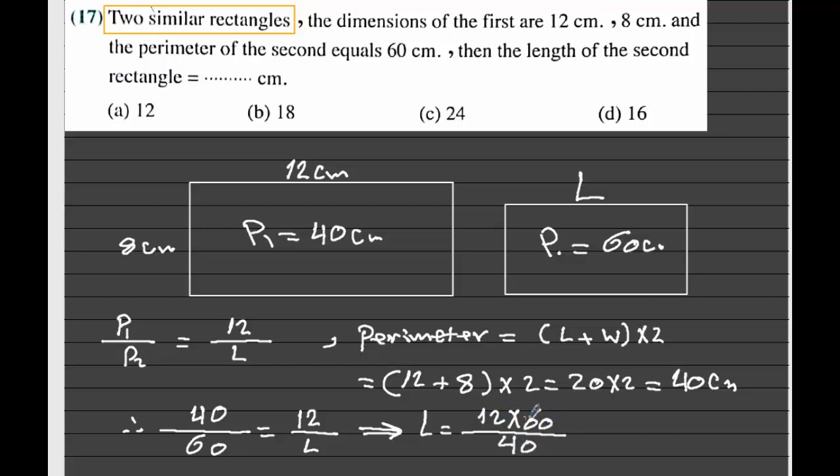Here divide by 10: 6 and 4. Divide 4 by 4 equals 1. 12 divided by 4 equals 3. So it equals 3 multiplied by 6 over 1, which equals 18. And we choose letter B.